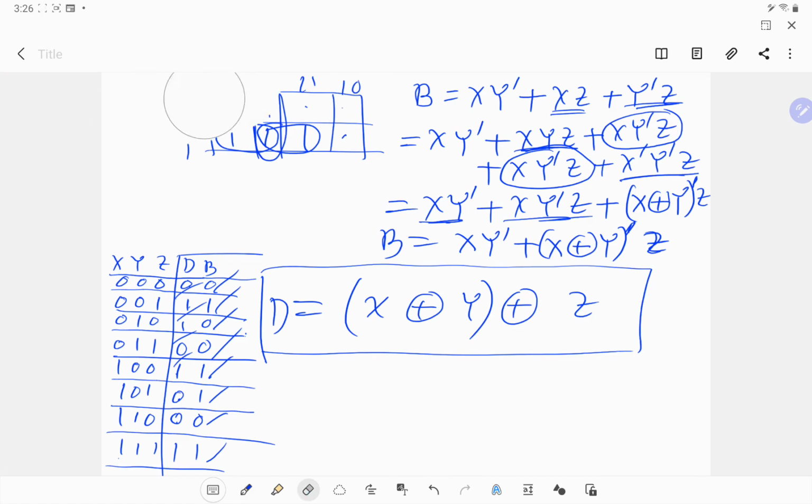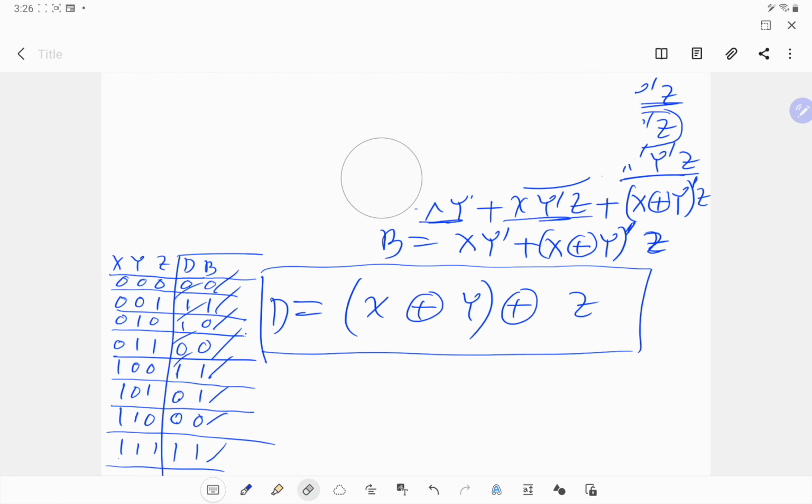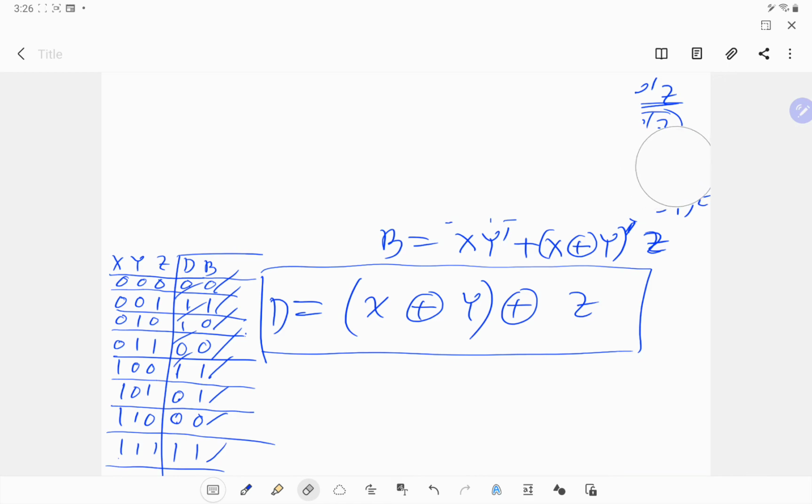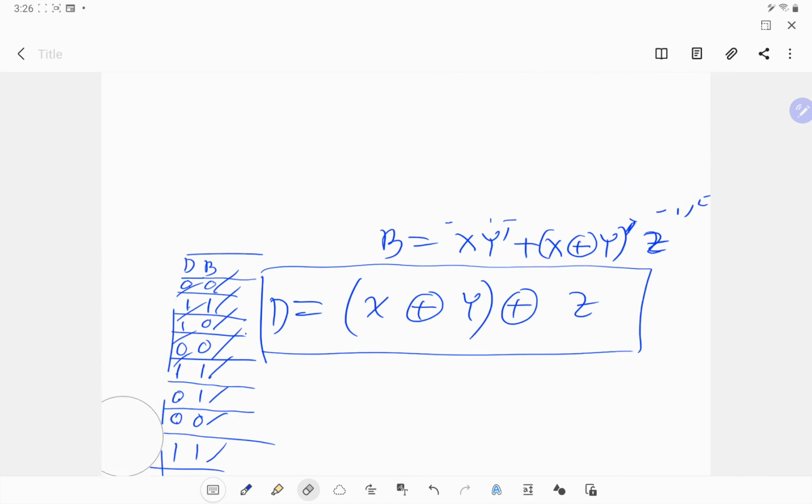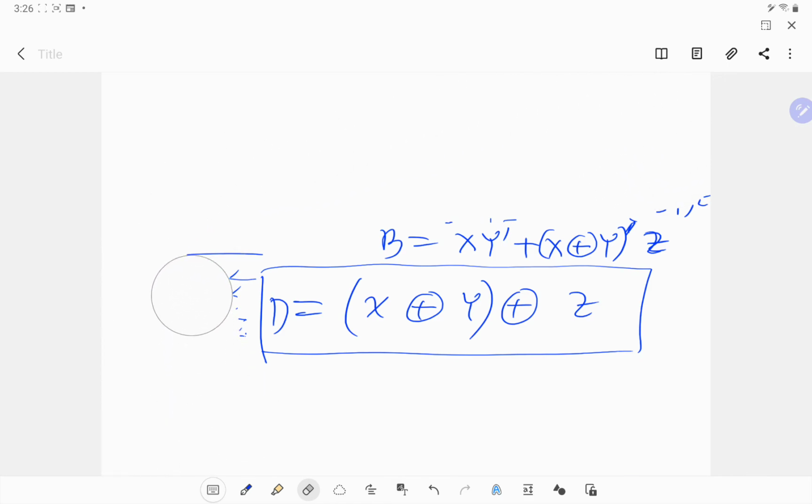So now we want to draw the circuit. So we don't need that truth table anymore. Okay. So we have 3 inputs, X, Y, Z, and 2 outputs, difference and borrow.